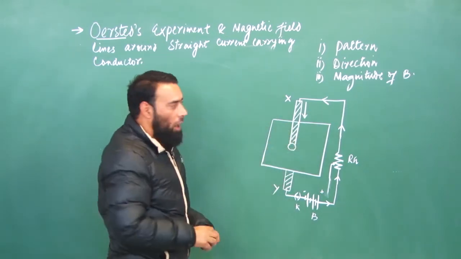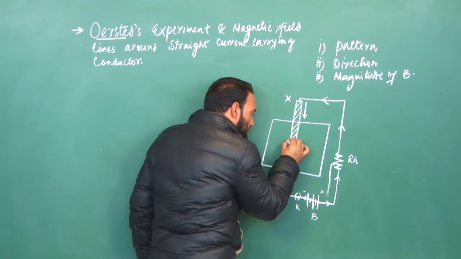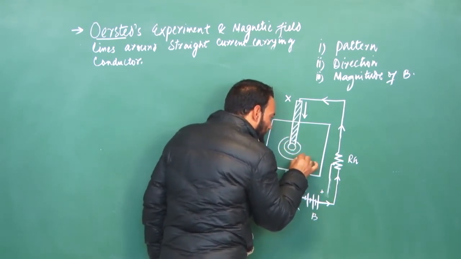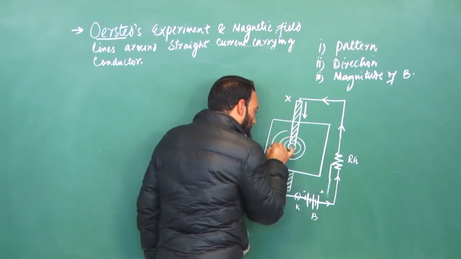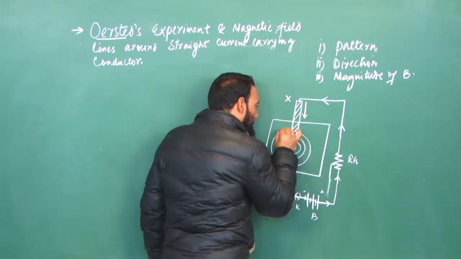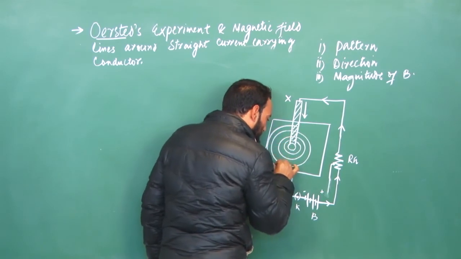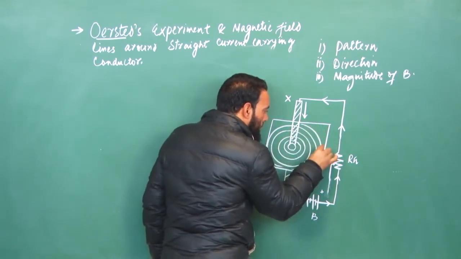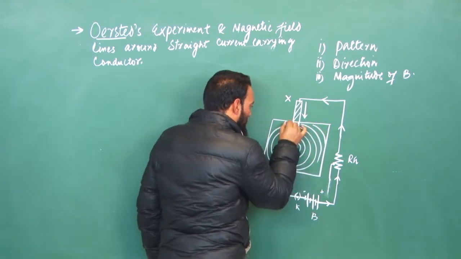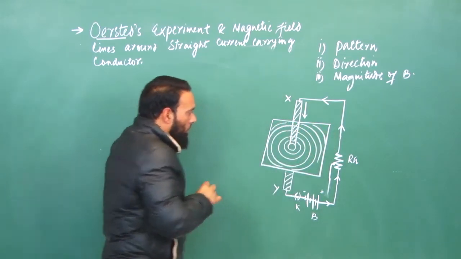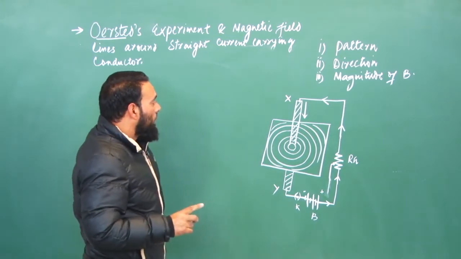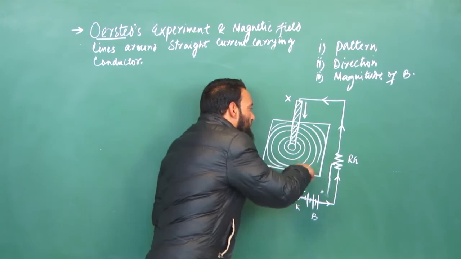And it has been found that these magnetic lines of force arrange themselves in concentric circles around the conductor like this. So these magnetic lines of force around the straight current carrying conductor are in concentric circles.